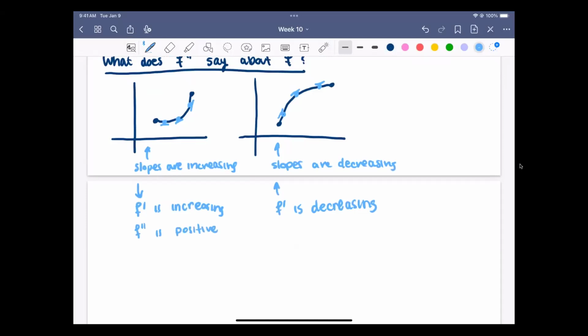And here I have the opposite thing, so f double prime is negative. Does this make sense? Okay, so we're gonna give names to these two things. So this is gonna be called concave upward, and this is concave downward.